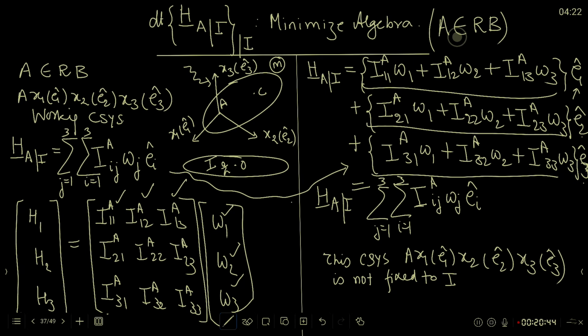As the body moves with respect to I, A moves with the body, and thus A moves with respect to I. A is fixed to M. As the body moves, A also moves, and the origin of the coordinate system also moves as seen by this man here, and clearly it is not fixed to I.